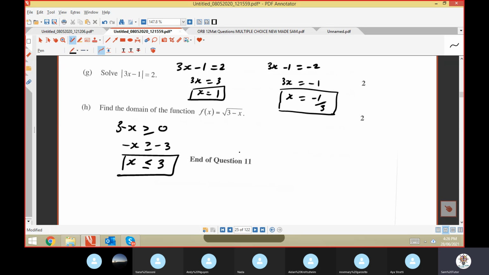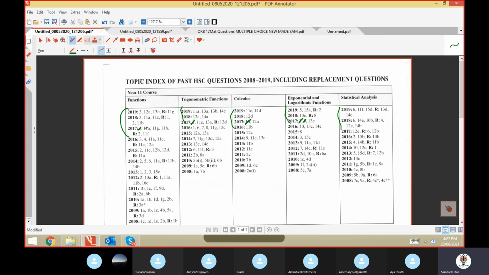X is less than or equal to 3. Any questions for G or H? Nope. Okay.